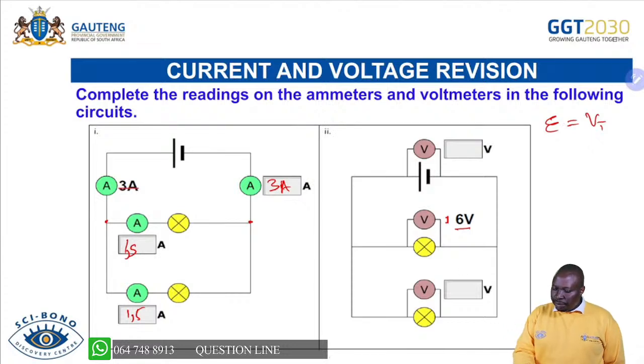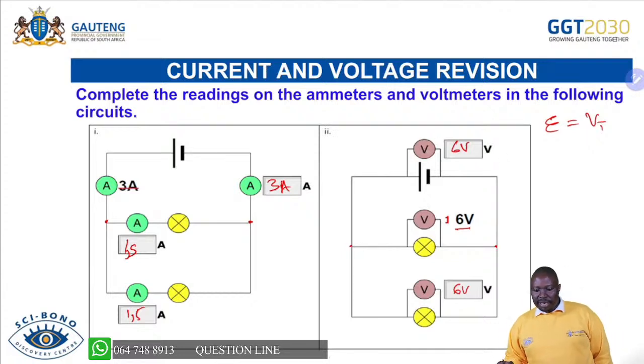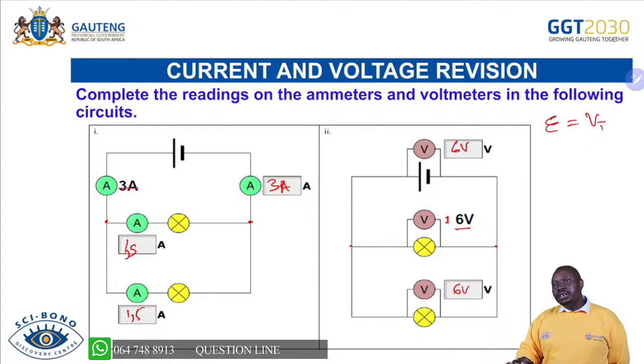So you will know that because they are in parallel, the potential difference remains the same. So it must be 6 volts. Remember we said there are not two 6 volts here. They're just reading the same 6 volts because their point of connection is the same. Then when you answer questions, it will be easier.